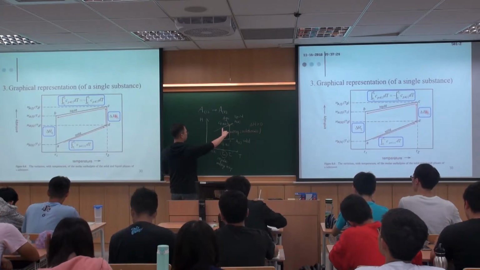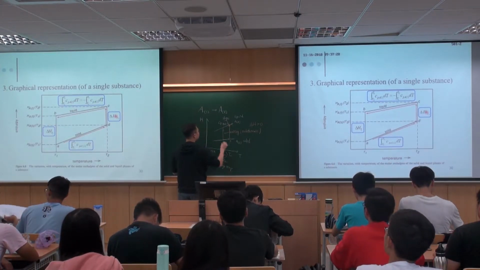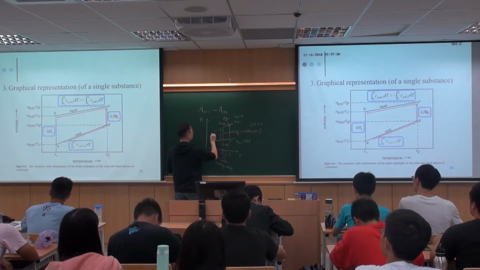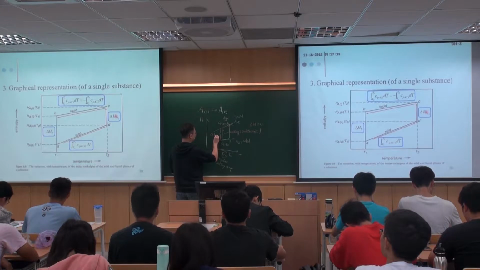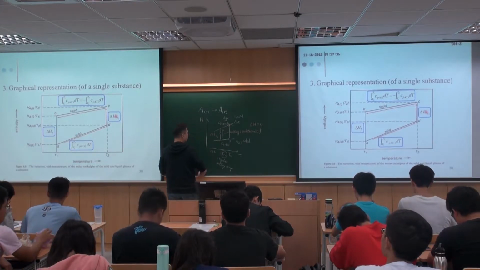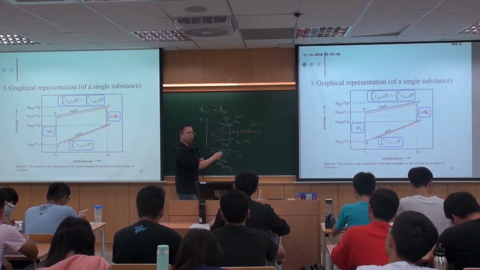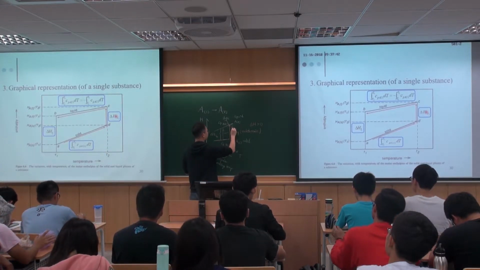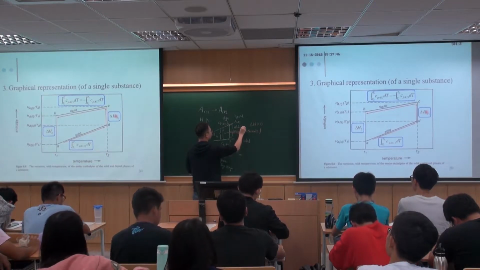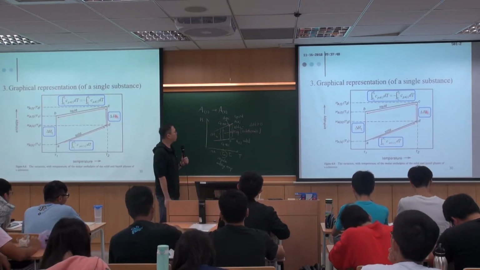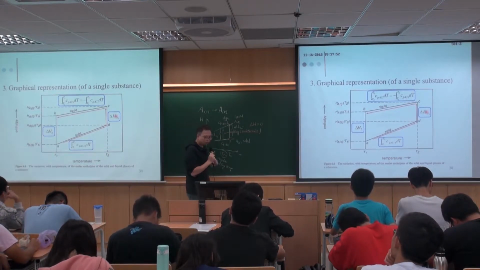So we know that this difference here is delta H, let's say Tm. But what if we can go through phase transformation at an even higher temperature? Let's say we call this delta H Tm prime. So how can we calculate this?